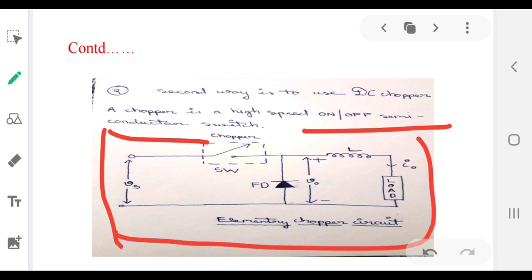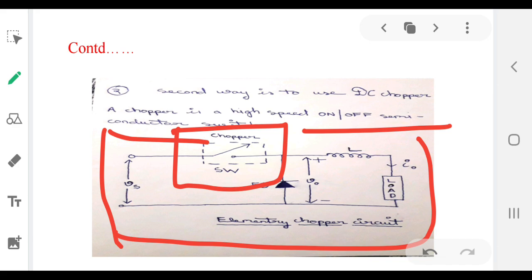Now in this circuit we can see there is an input Vs, there is a switch SW, and there is an output voltage denoted by V0. As by our definition, there is a DC input, there is an output DC, and there is a switch SW, which can be any switch.